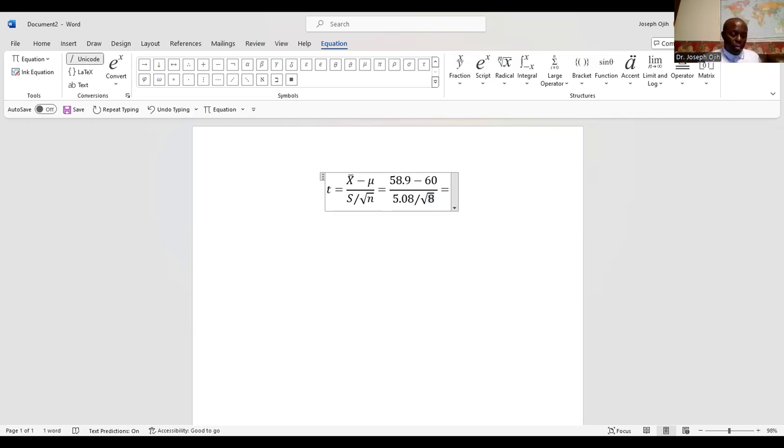So let me write this out so we can get it from the calculator. T equals 58.9 minus 60, divided by 5.08 over the square root of 8.